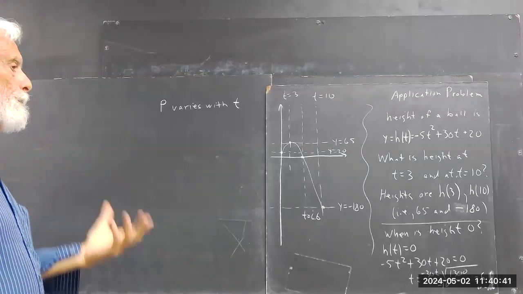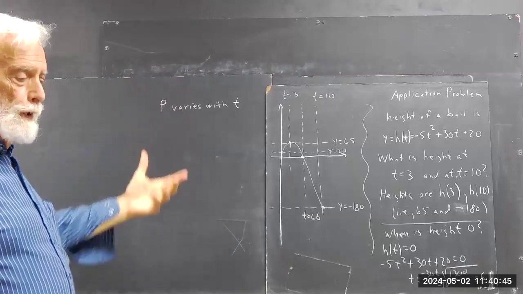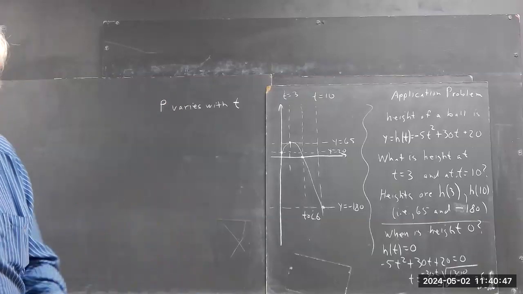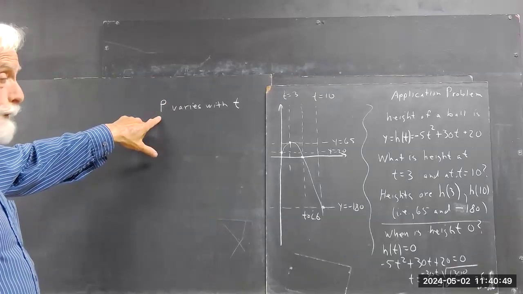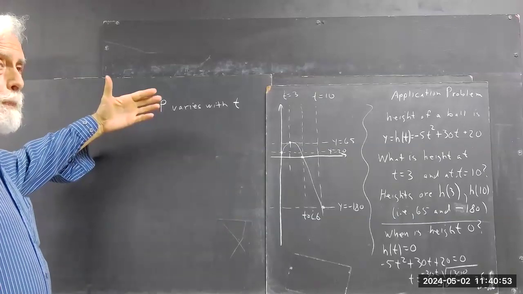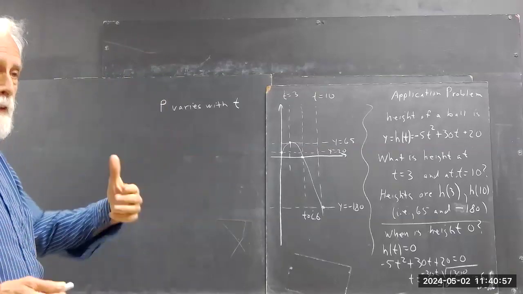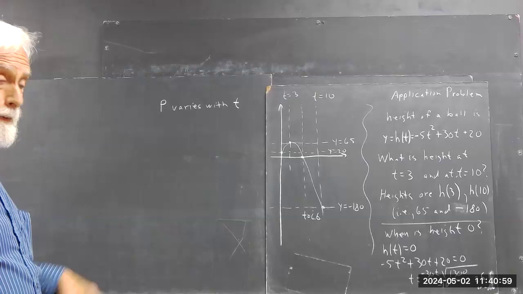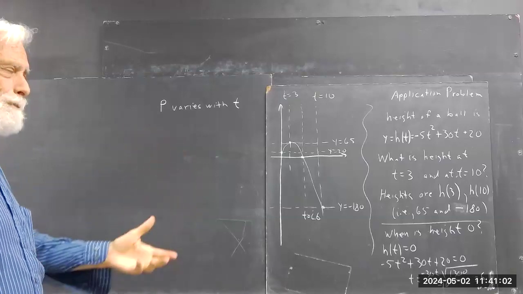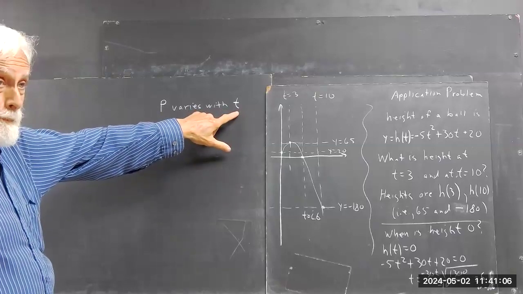Now, P could have two connotations. P could be a population. You've got a big old pond and you put a couple of fish in it, and the population of fish then starts growing, if you've got a fertile pond and fertile fish. So P varies with time.